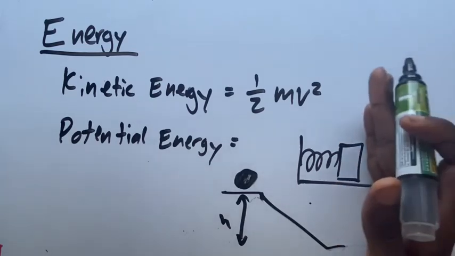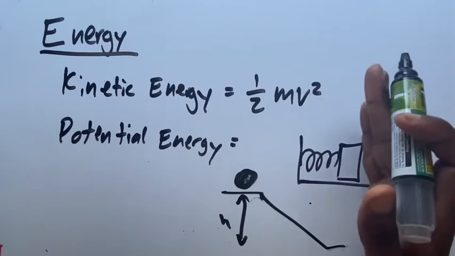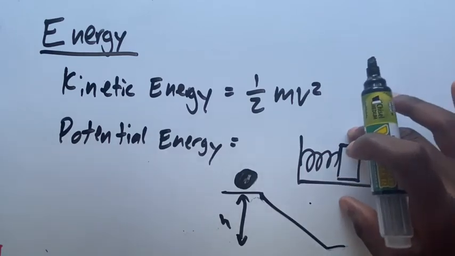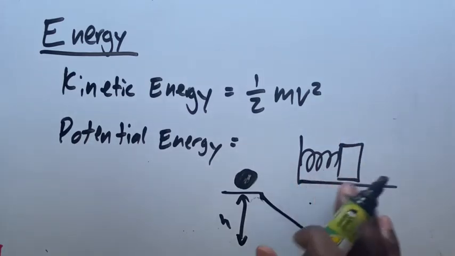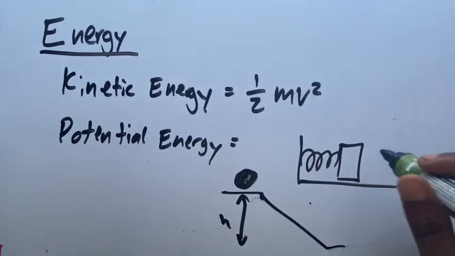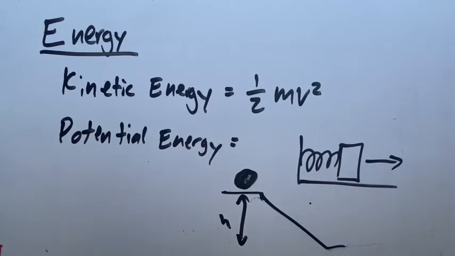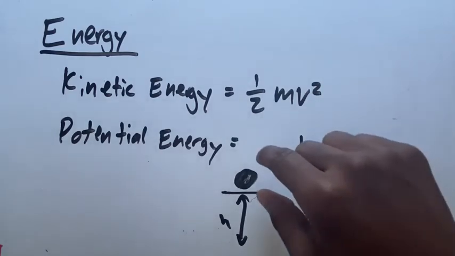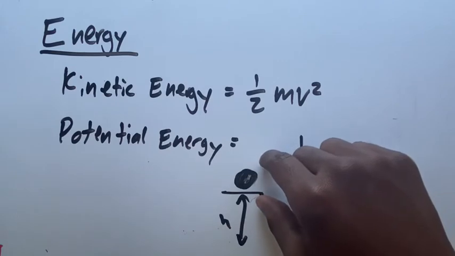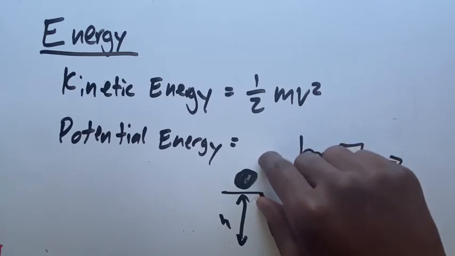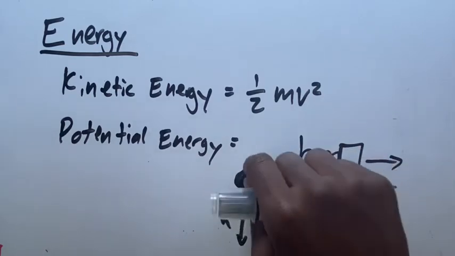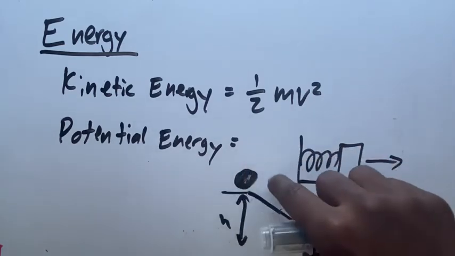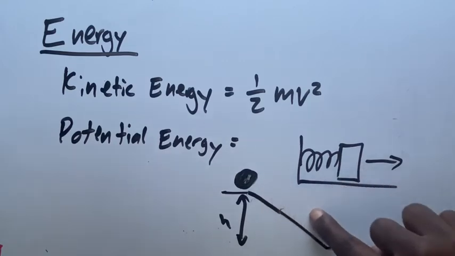If I push this box inwards, it's going to give this box some potential energy, because once I let it go, the spring is going to push on it and make the box go that way. Similarly, if I were to put this box up here on this hill and then let it go, it's going to roll downwards.